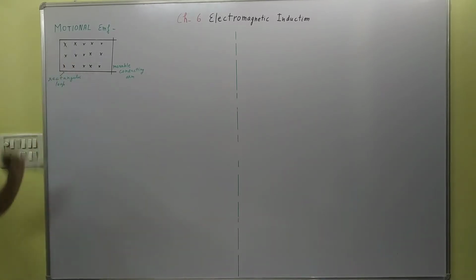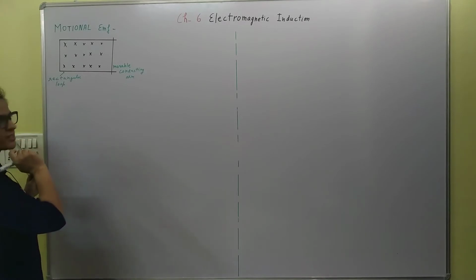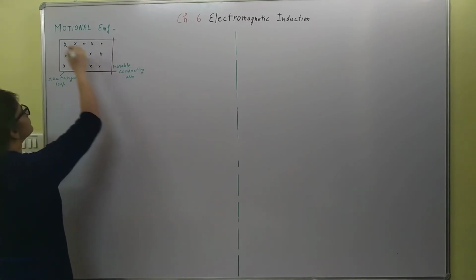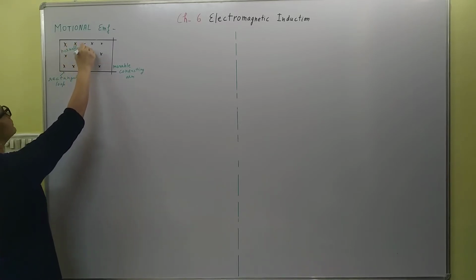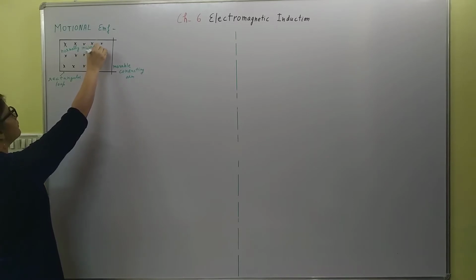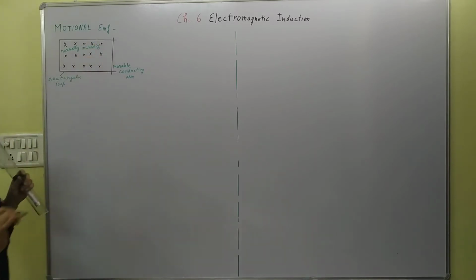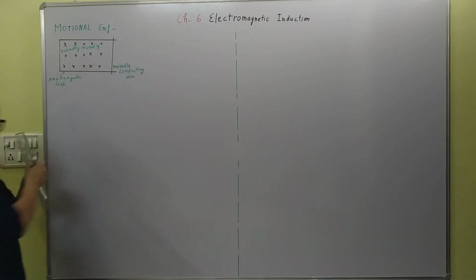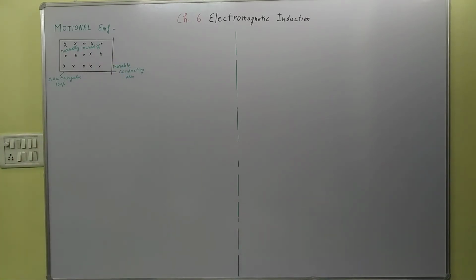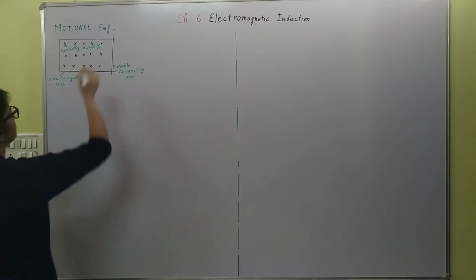And this is a uniform magnetic field, normally inward to the plane of the board. And L is the length of this movable arm.